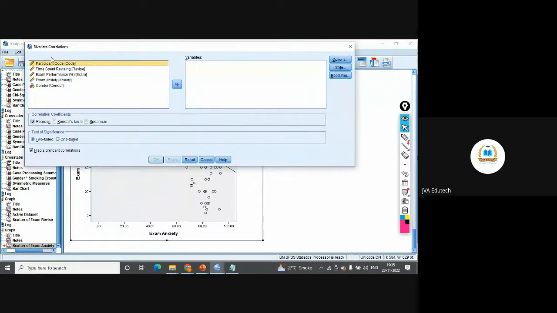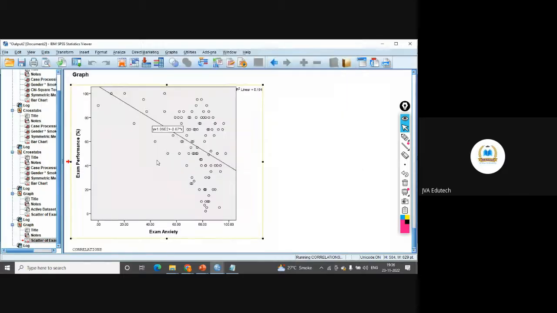So take the variables, time spent revising, exam performance. You can take 2 at a time. I want to take all 3 at a time. And here, by default, Pearson is selected. Test of significance is two-tailed. So my null hypothesis is there is no association among the variables, and alternatively, there is some association.